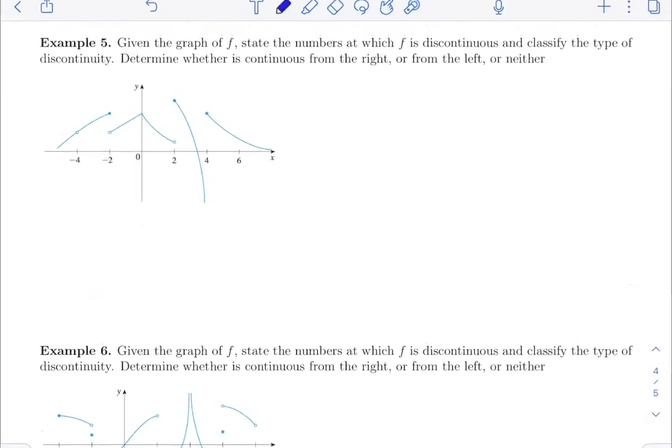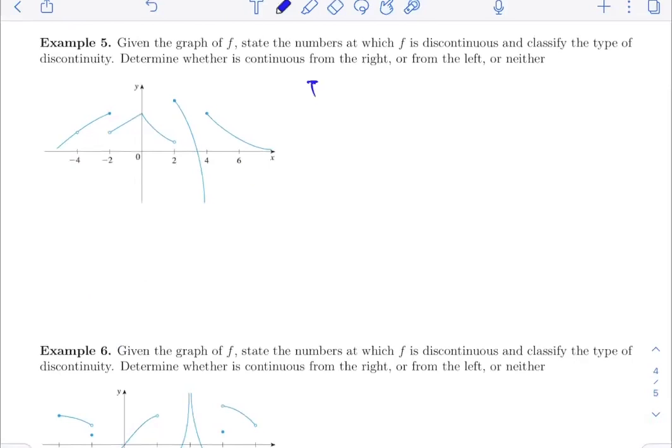In example 5, given the graph of f, state the numbers at which f is discontinuous and classify the type of discontinuity. In addition, determine whether the function is continuous from the right or from the left or neither. By looking at the graph, I can identify the points at which the function is discontinuous.